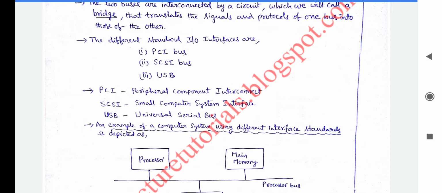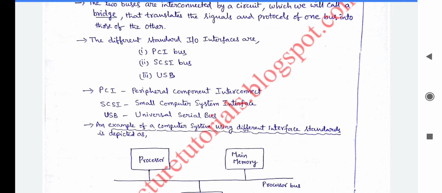So, peripheral component interconnect. SCSI, small computer system interface. I hope you all know USB, universal serial bus. USB, peripheral component interconnect, small computer system interface, universal serial bus.